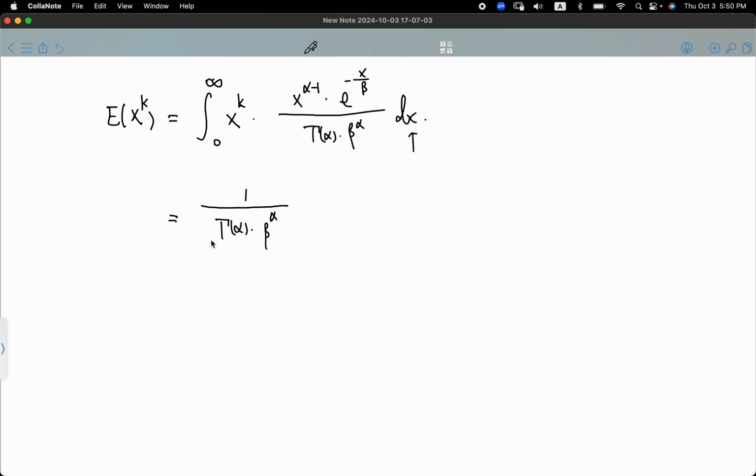Because nothing involves x, we can bring it outside as a constant. Then let's combine the terms inside the integral. What we have is x raised to the power of alpha plus k, minus 1, and then e raised to the power of negative x over beta, dx.